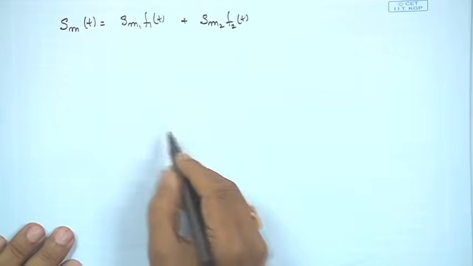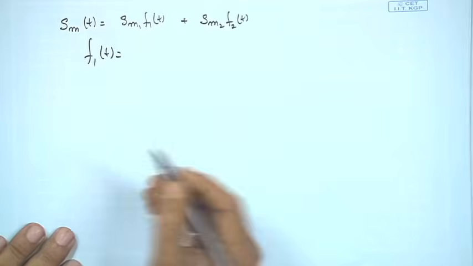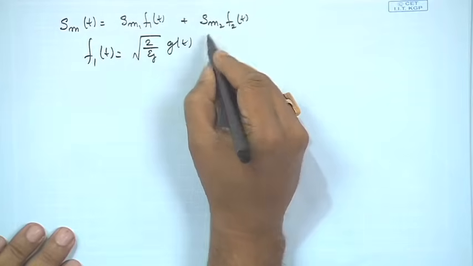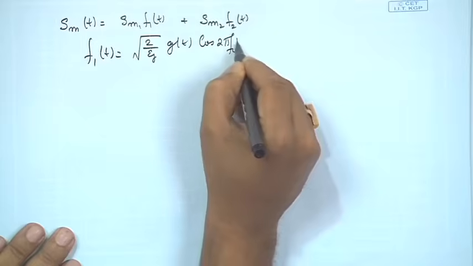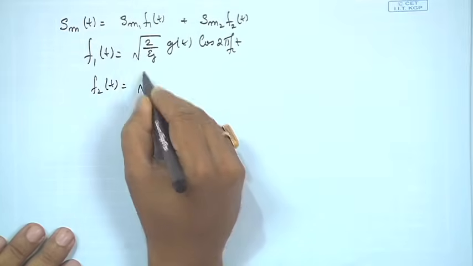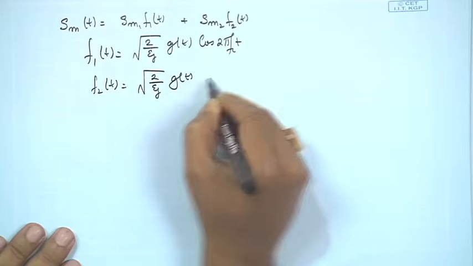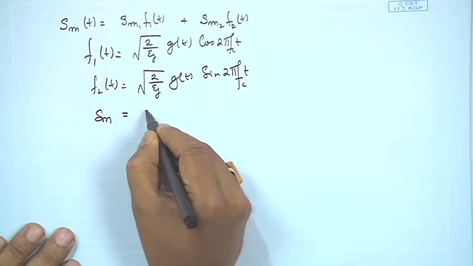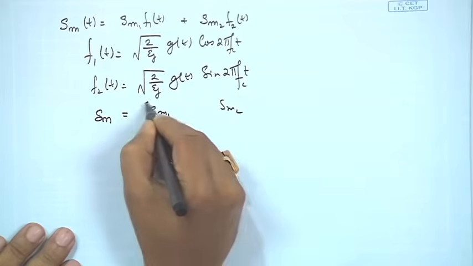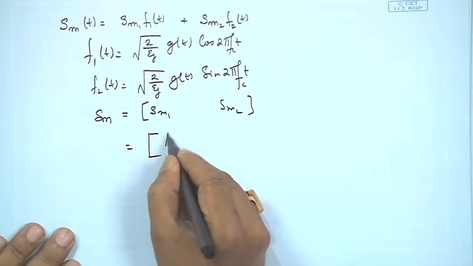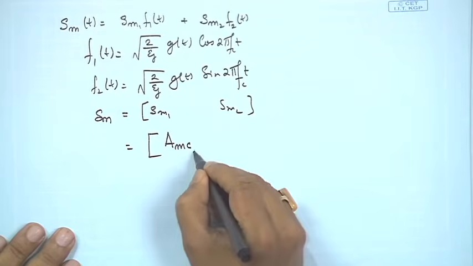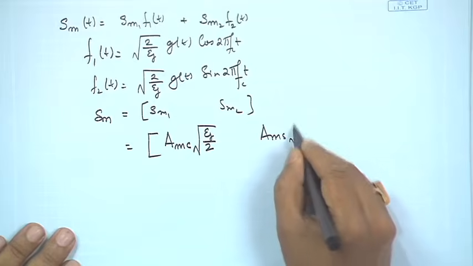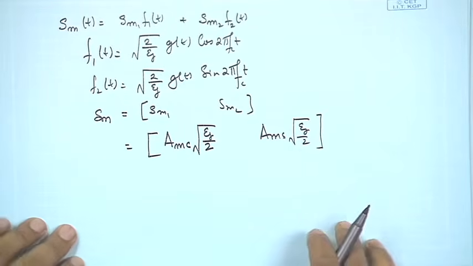which I would mark by f1 and f2, and I could write f1 similar to the case of PSK as square root of 2 over Eg times g(t) cos 2 pi fc t, and f2(t) is root of 2 over Eg times g(t) sin 2 pi fc t, and s_m could be written as (s_m1, s_m2) in the vector notation, where s_m1 would be the amplitude of the cosine component along with root Eg by 2, so that it normalizes, and A_ms with root Eg by 2.